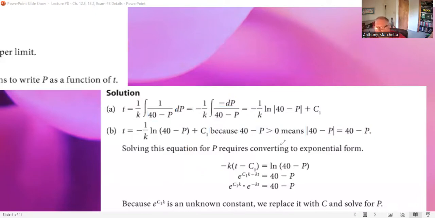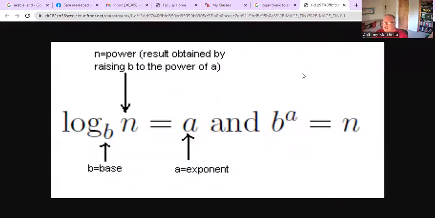Okay, friends, have a look at this now. Remember how we talked about going back and forth from logarithmic to exponential? In the case where you have a log, the base is right here, and then this is actually the power, and then the answer is right here. This is the exponent.